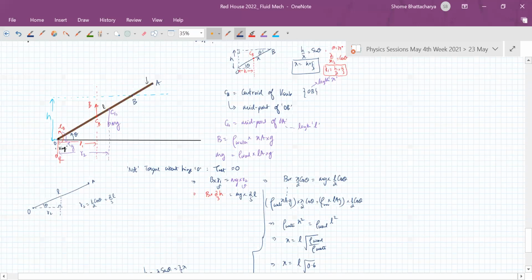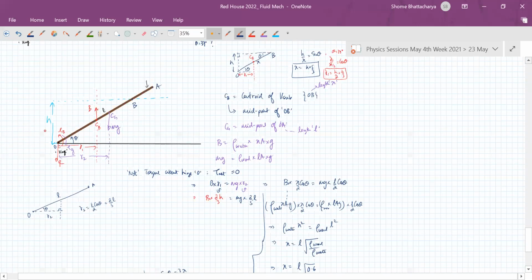So hope you understood. In this diagram, I've taken this distance from here to here as x.